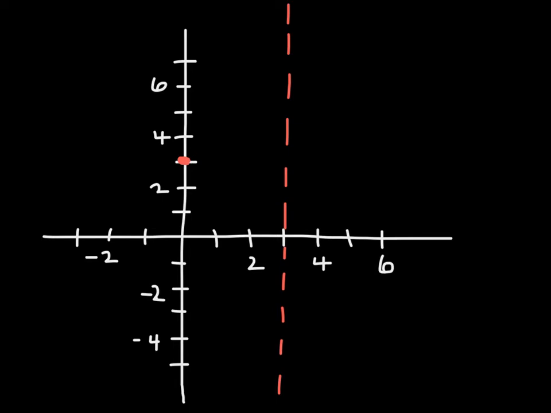So up 1 to the right by 1, and so forth. And down 1 to the left by 1, something like this, okay? Give or take. So these are your two asymptotes. One of them is vertical, the other one is slant.